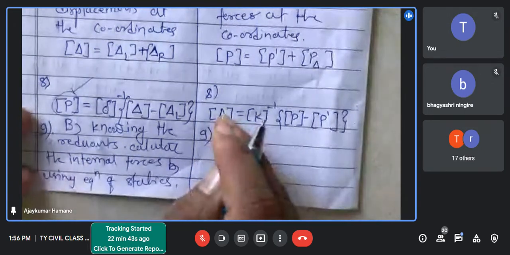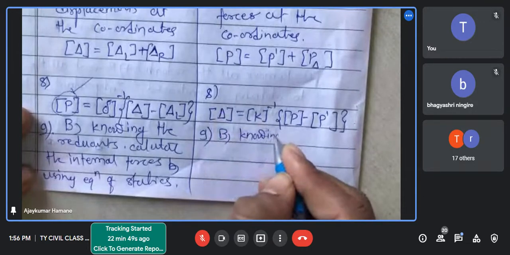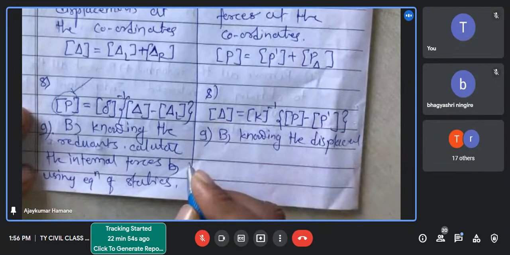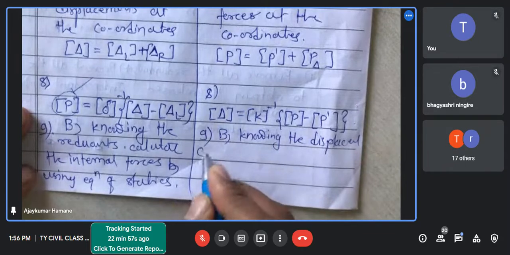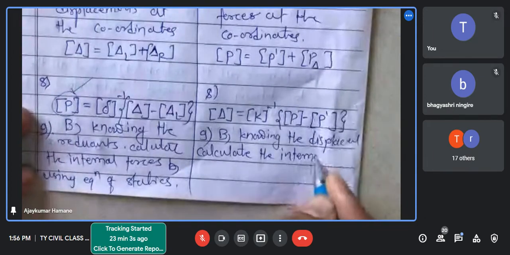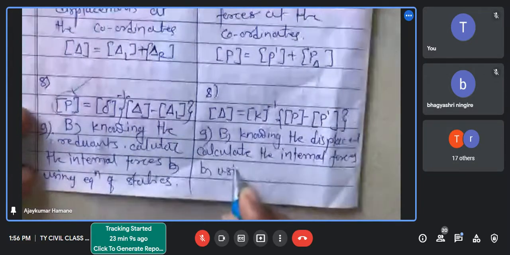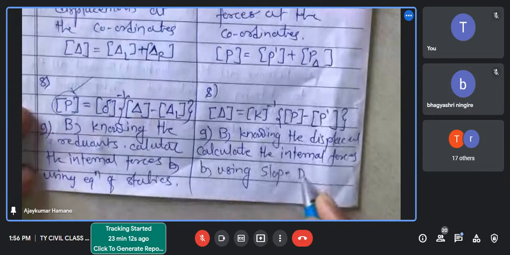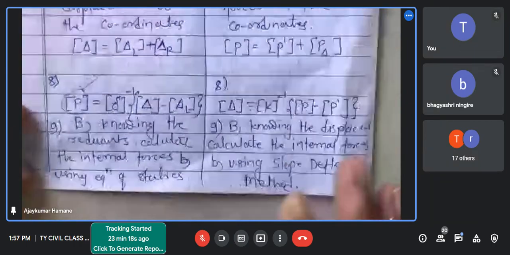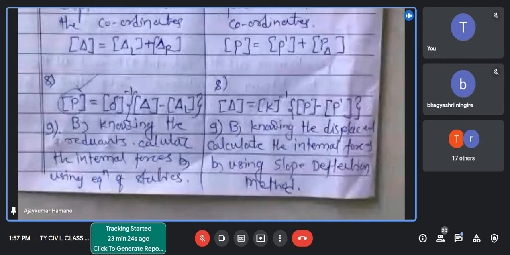Now we have the displacement; by knowing the displacement, we can calculate the internal forces by using the slope deflection method. Okay students, so these are the steps involved in the flexibility and stiffness methods.